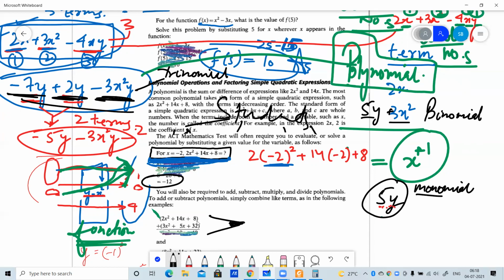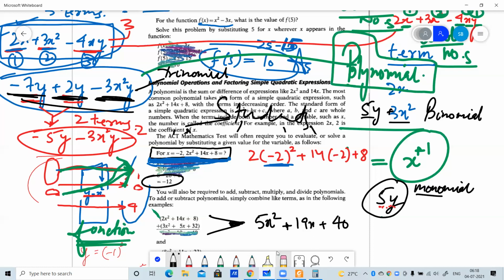The top and the bottom you can do, right? Okay, so 2x squared and 3x squared, you add them and get 5x squared. And then 14x and 5x, so that would be 19x, and then 8 and 32, and it's 40.